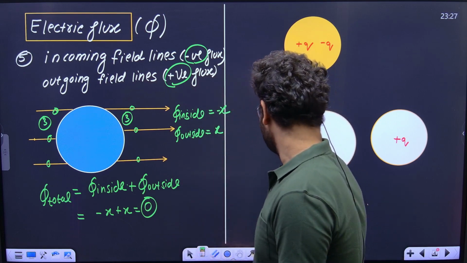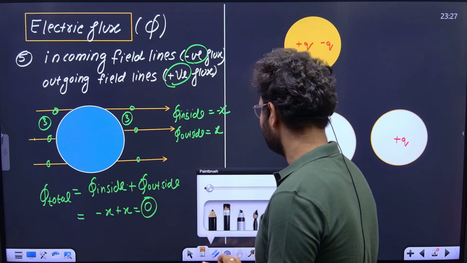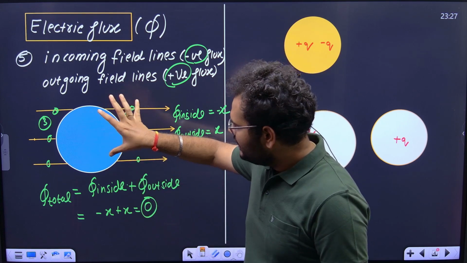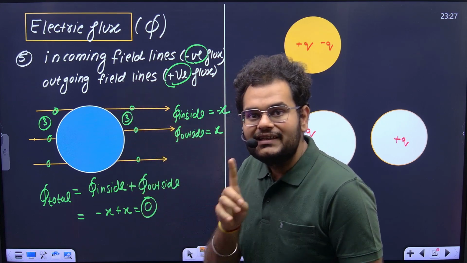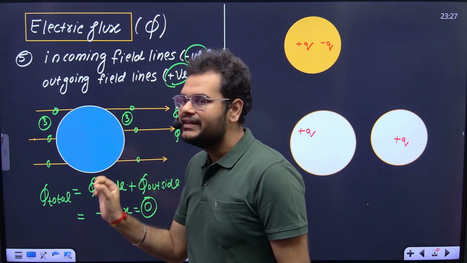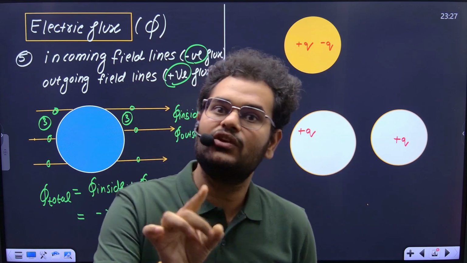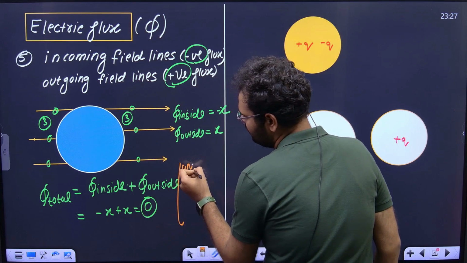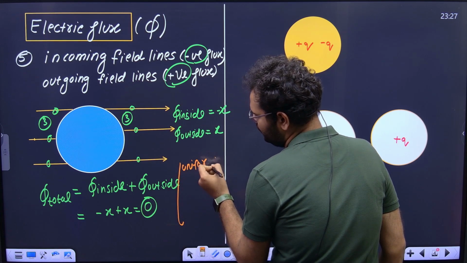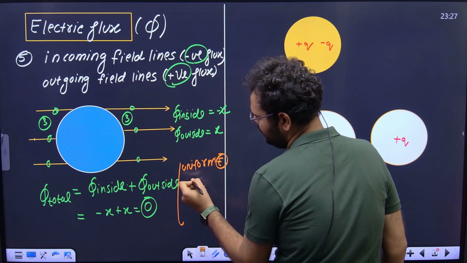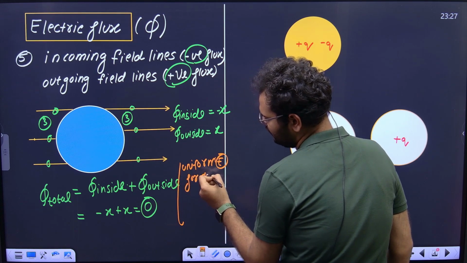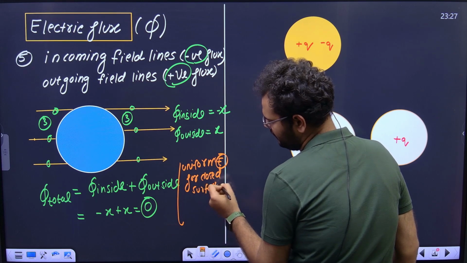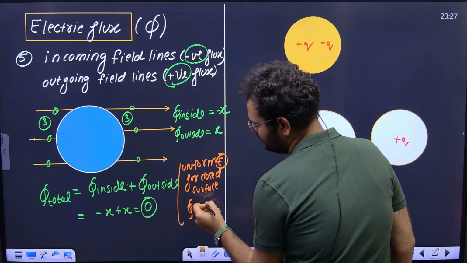One thing you should note here. What is that one thing, or 5-star point? Whenever we have a uniform electric field for a closed surface, flux is always 0. Let me write. Uniform electric field, for a closed surface, flux is always 0.